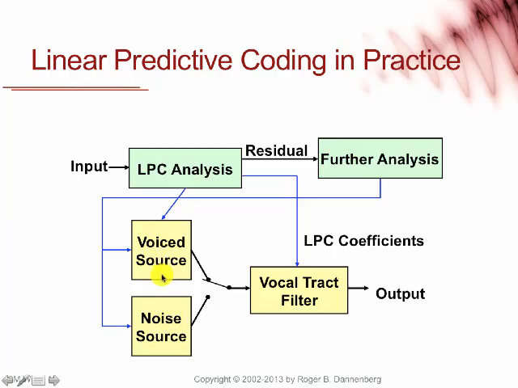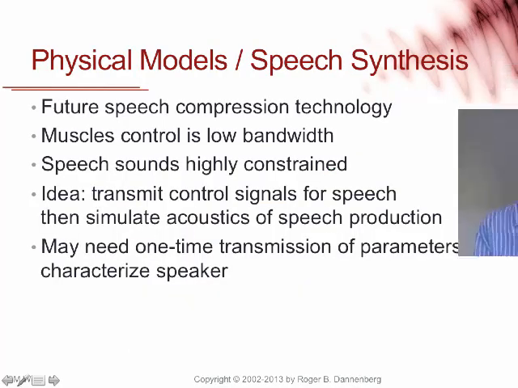So the voiced source would be some kind of pulse generator, and we would parameterize it with amplitude, frequency, and perhaps other information. The noise source would be parameterized by amplitude, and the model selects either the voice or the noise source, puts it through the vocal filter to produce output.